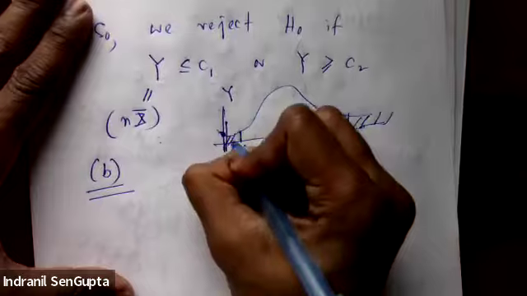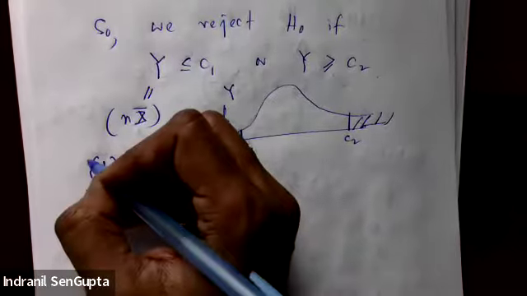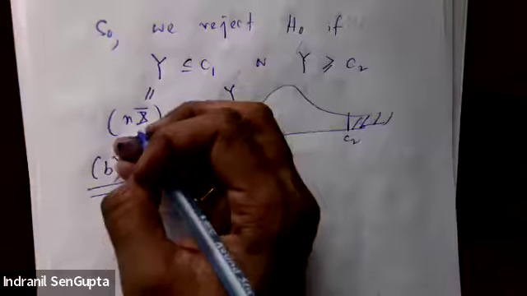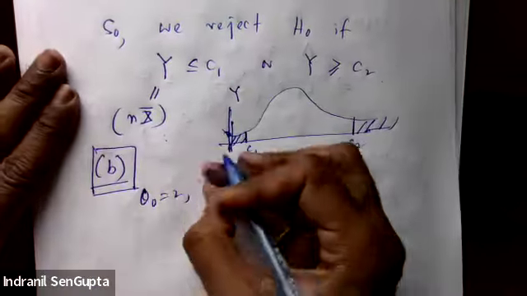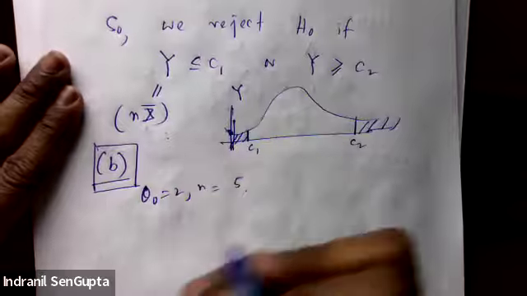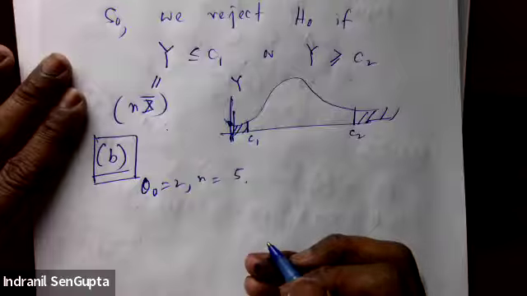When it's less than C1, we reject it. Okay, that's the rejection region. Part B was, let me remind you what part B was. It's given that theta 0 is 2 and n equals 5. We have to find the significance level of the test to reject H0.